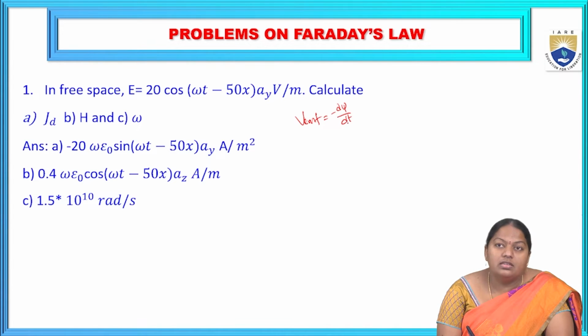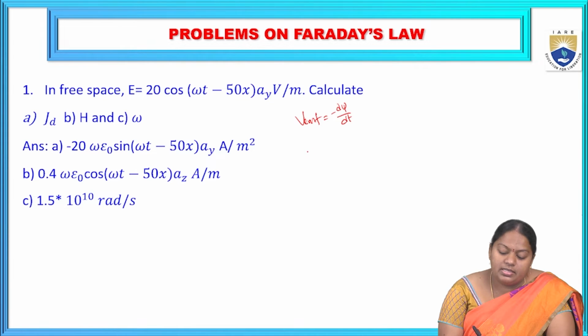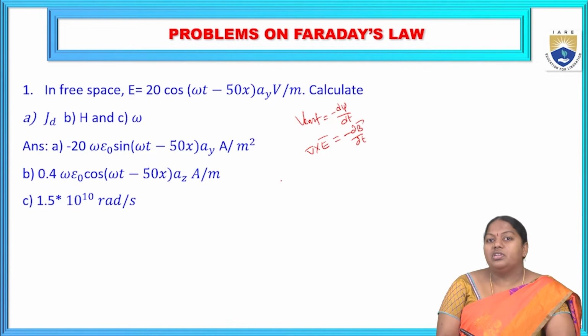If we express this in differential form, we can write del cross E bar equal to minus dou B bar by dou T, as the mathematical statement in the point form or differential form.